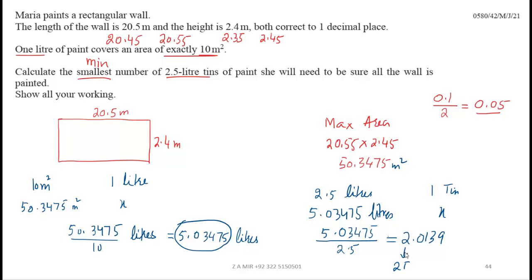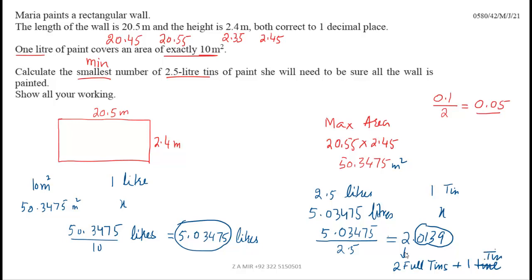Two full tins, and this is the portion of the third tin. So we need the third tin as well. 2 tins plus a portion of one more tin.